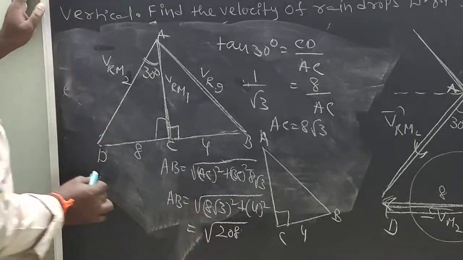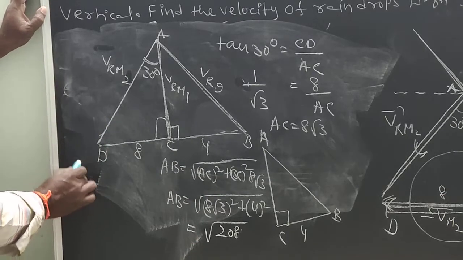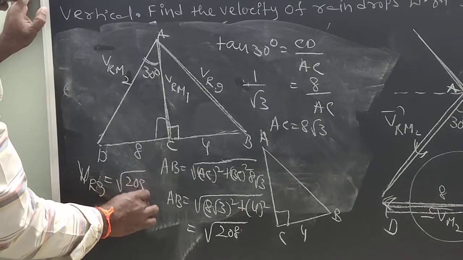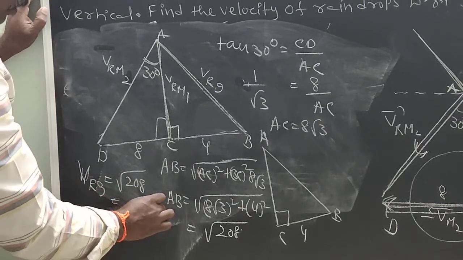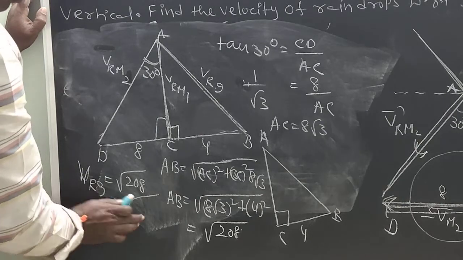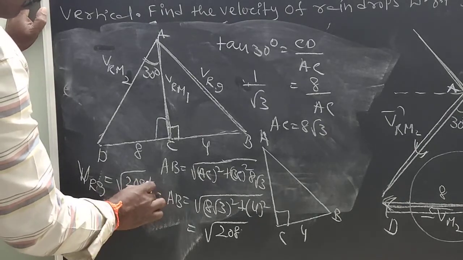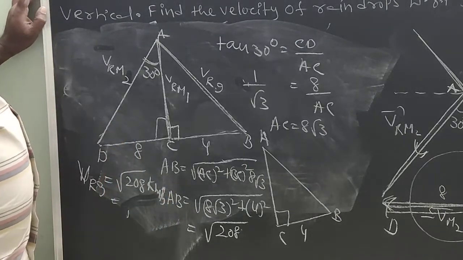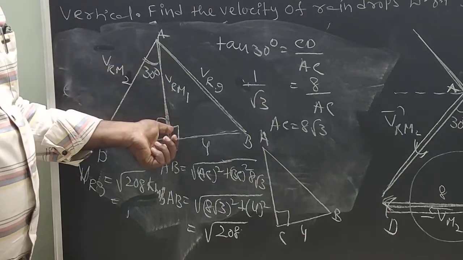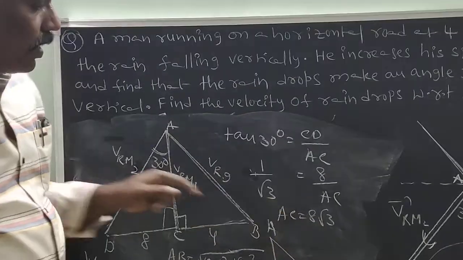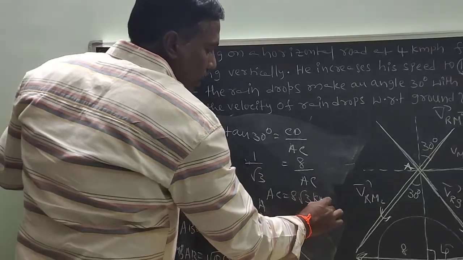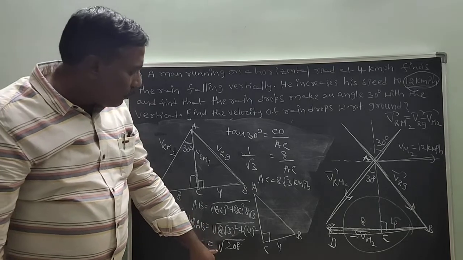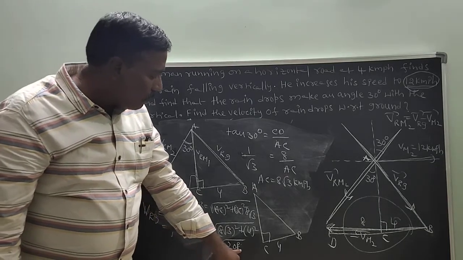So AB, the velocity of rain with respect to ground, is equal to square root of 208, which can be written as 4 root 13 kmph. So velocity of rain with respect to man initially is 8 root 3 kmph. Final velocity, actual velocity of rain with respect to ground, is square root of 208.